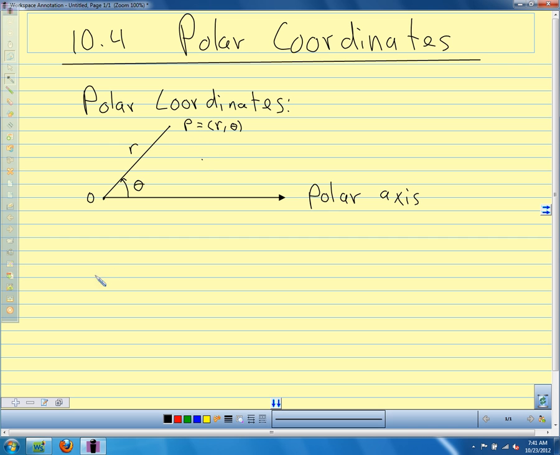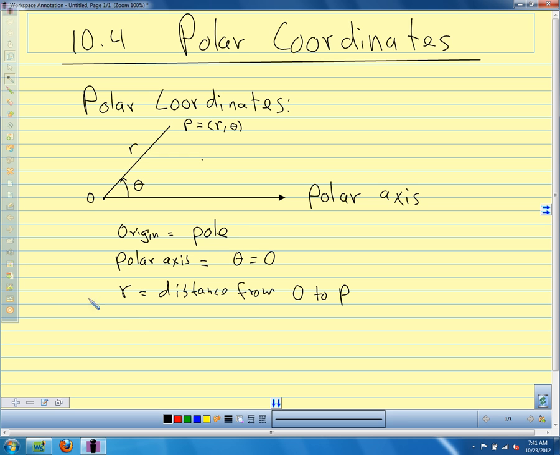In polar coordinates, the origin is called the pole. The polar axis corresponds to theta equals 0. And r is our distance from O to P, so from the origin to our point.